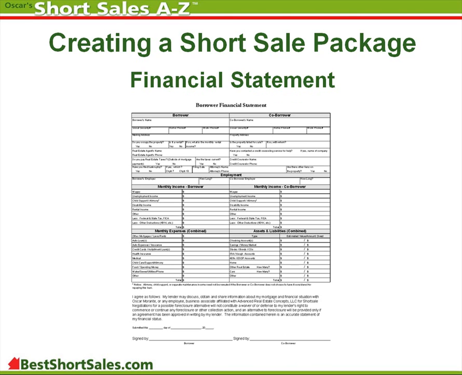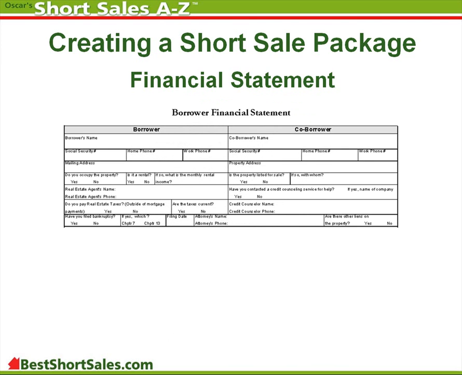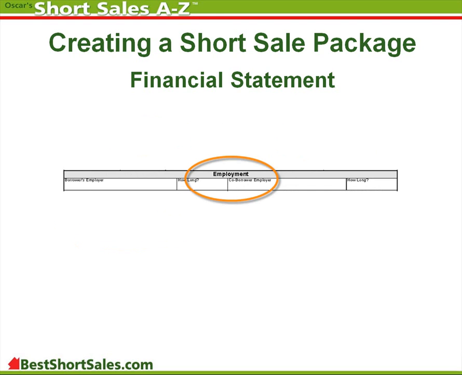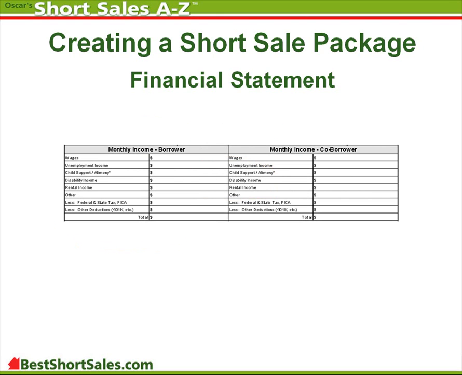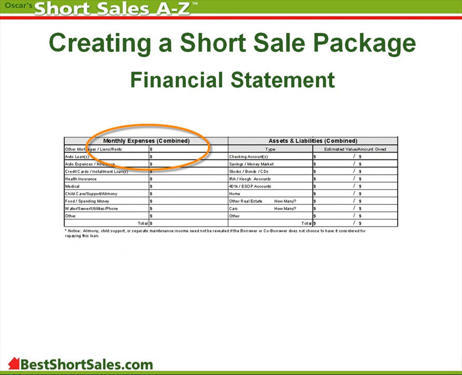Have this document at the moment of taking the listing or signing the purchase and sale agreement. The requested information is always the same. They want the borrower's and co-borrower's personal information, including bankruptcy. They want their employment information, and they want to know the monthly income of the borrower and co-borrower, as well as the monthly expenses, assets, and liabilities.